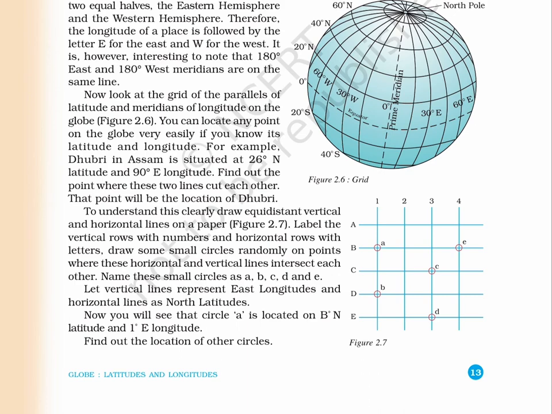Name these small circles as A, B, C, D, and E. Let vertical lines represent east longitudes and horizontal lines north latitudes. Now you will see that circle A is located on B degree north latitude and 1 degree east longitude. Find out the location of other circles.